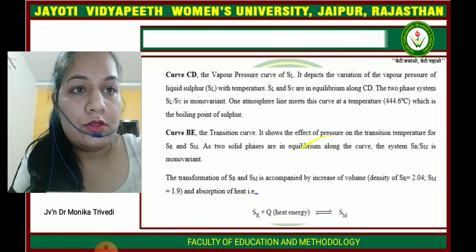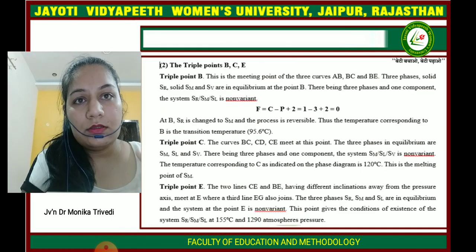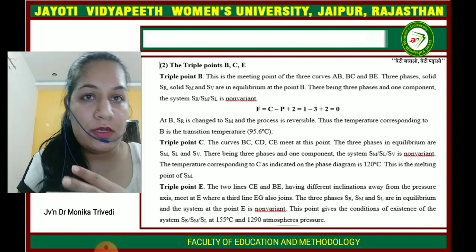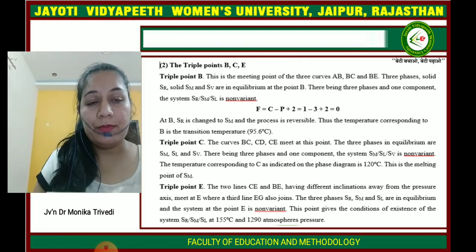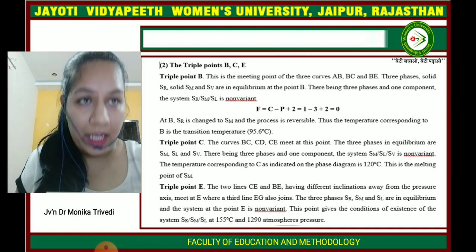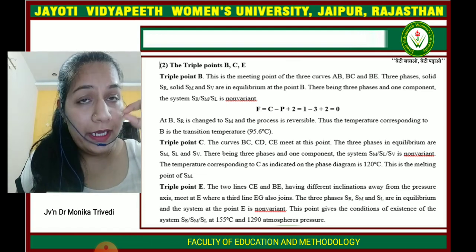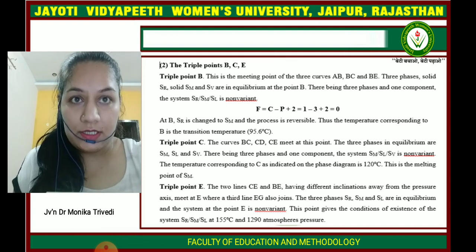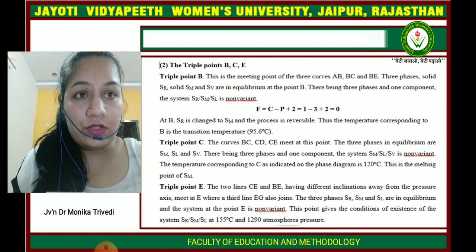Okay, and if we calculate the degree of freedom at a triple point, we talk about triple points B, C and E. For these triple points we have one component, as we know sulfur is a one component system, and at each triple point we have at least three phases coexisting with each other. So for each triple point we have three phases.